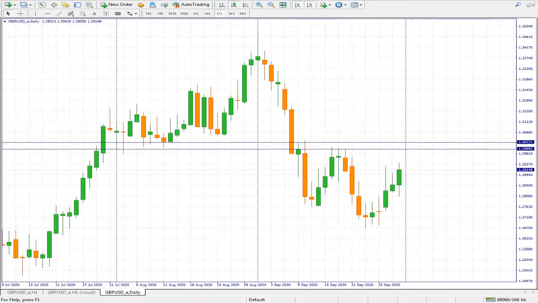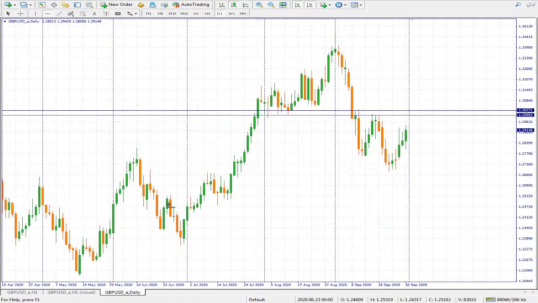Let's see what happens. So we do have a resistance. This is a support. It was a support previously. There was this massive breakout. The price opened here and then it closed below. So as long as the price remains below this level, expect price to continue down up to this support.